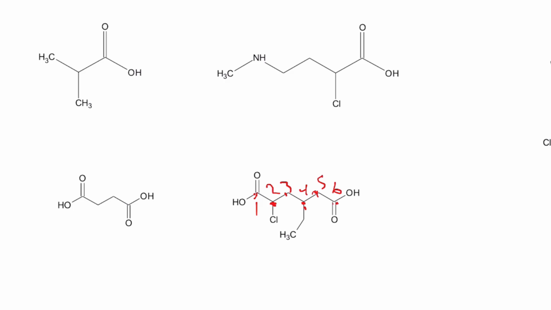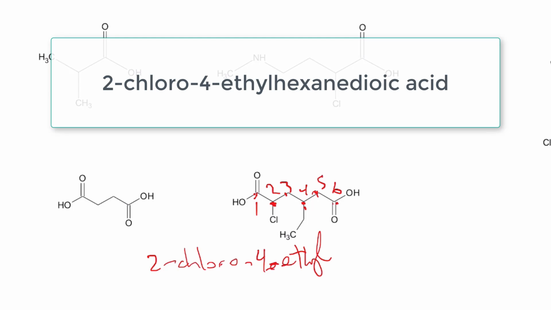So we have a hexane dioic acid. In the 2 position is a chloro, and in the 4 position is an ethyl. So if I were to write this out alphabetically, it's a 2 chloro, 4 ethyl, hexane dioic acid.